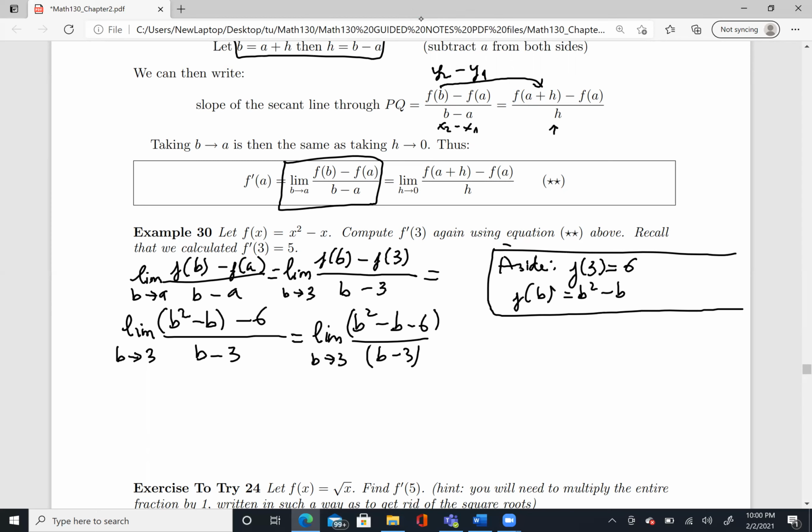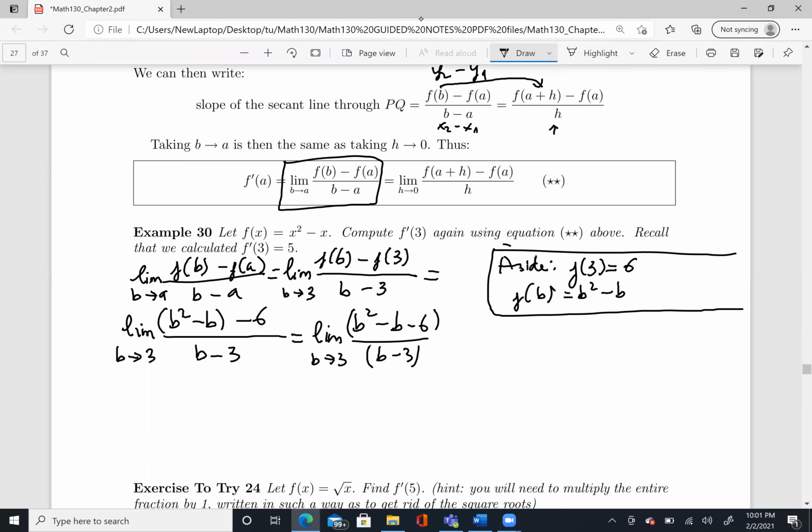So you have to think about whether you can factor the top and bottom, and then see if you can cancel something. In this case, I expect that I will factor the top, and I will get a common factor of b minus 3, so later on I can cancel this b minus 3.